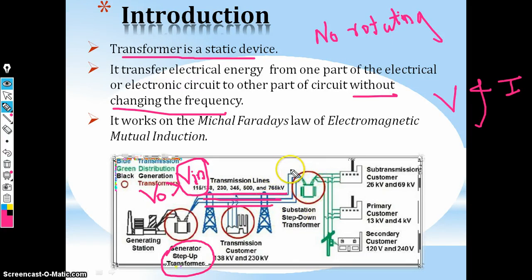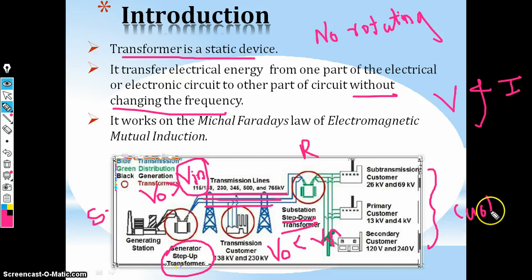This is the sending end station and this is the receiving end station. In the receiving end station we use a step down transformer, that means the output voltage is less than the input voltage, and this voltage is given to the consumer side or customer side. Now these are the customers.